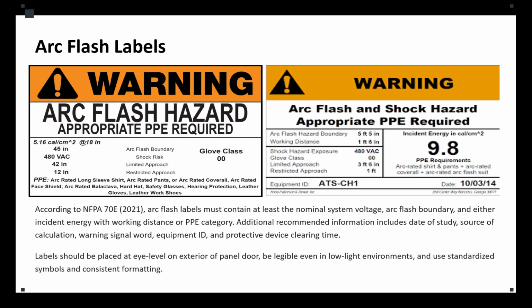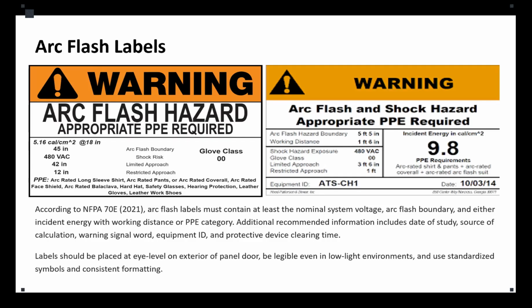It is mandated. Okay, and basically the clause in the standards requires that electrical equipment such as switchboards, panelboards, industrial control panels, meter socket enclosures, and motor control centers that are likely to require examination, adjustment, servicing, or maintenance while energized shall be field marked with a label.